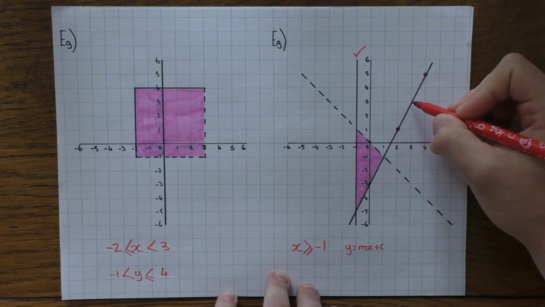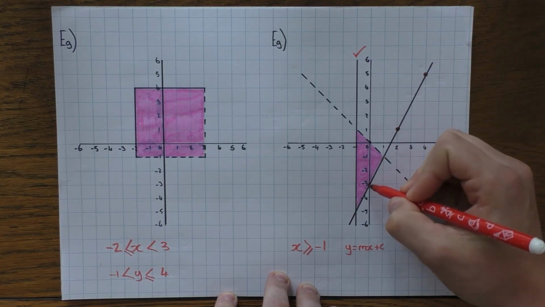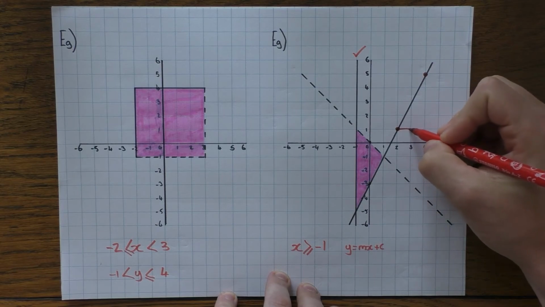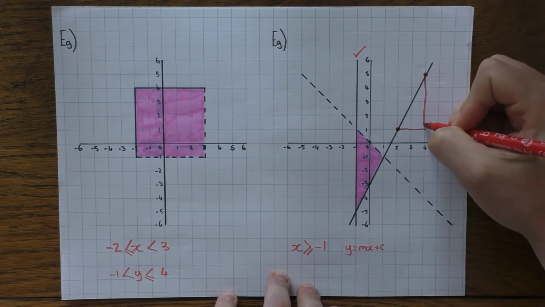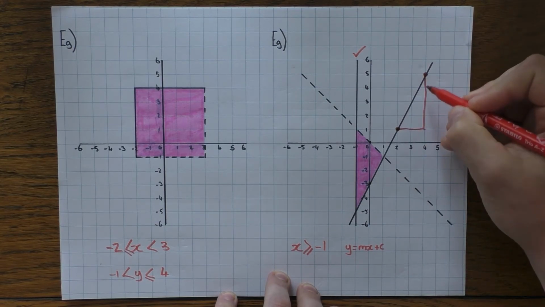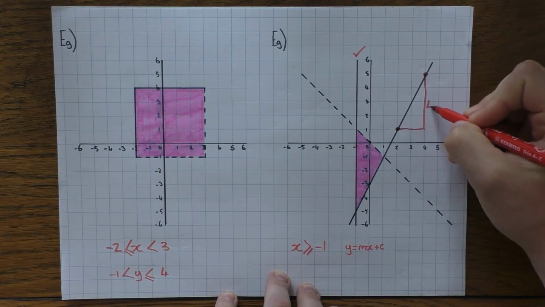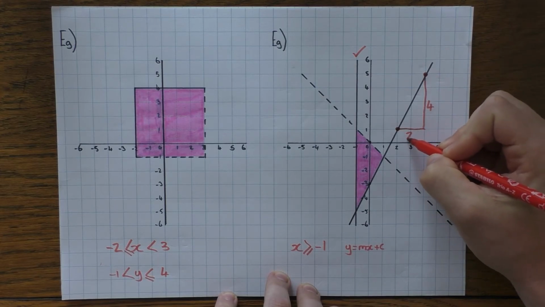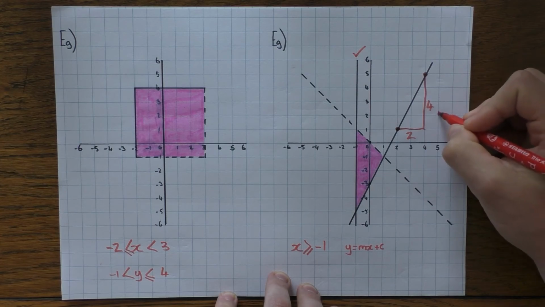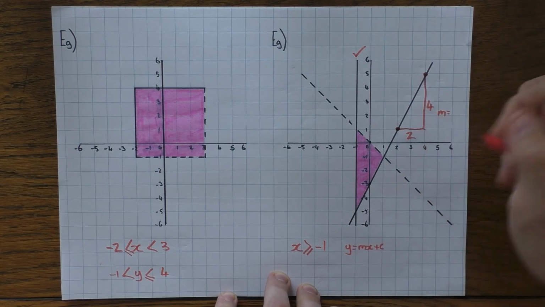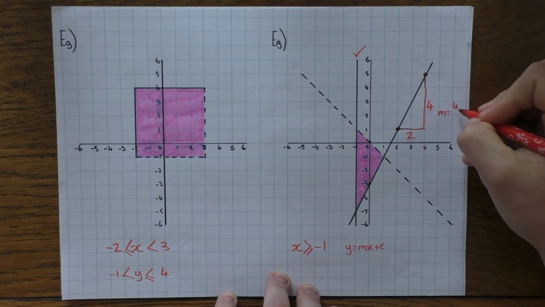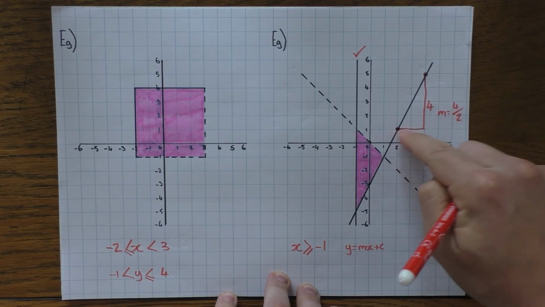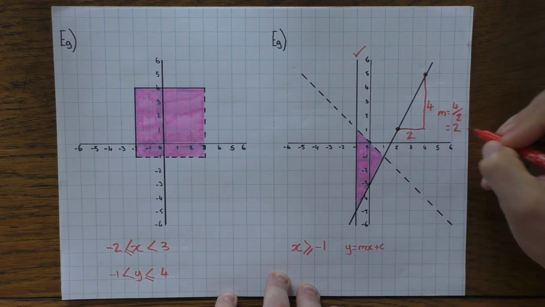I'm going to pick these two, but you could have picked that one, that one, or that one. And we just draw our right angled triangle like so. The change in y, 1, 2, 3, 4 squares. Change in x, 2 squares. And the gradient, which is m, is just the change in y, which is 4, divided by the change in x, which is 2. So the gradient in this case is 2.